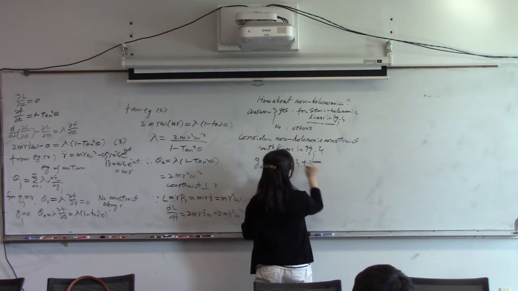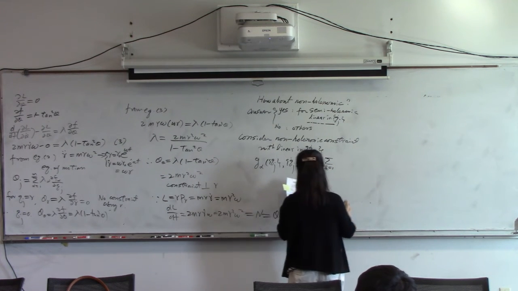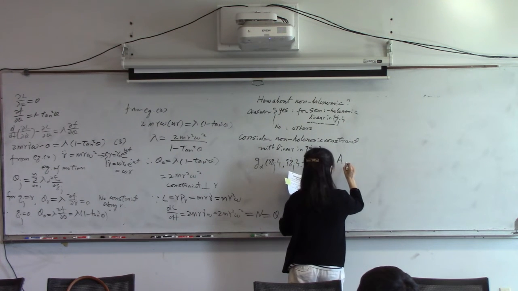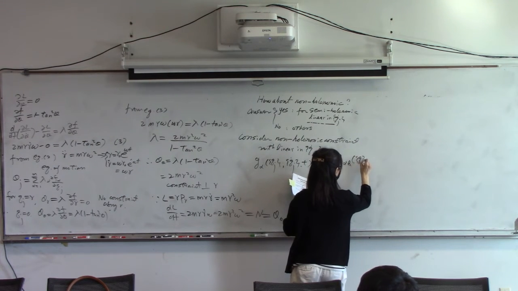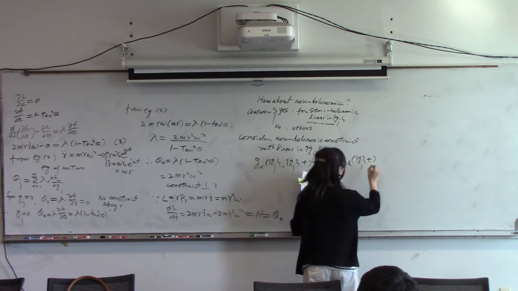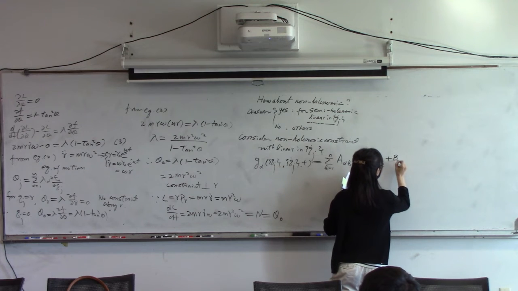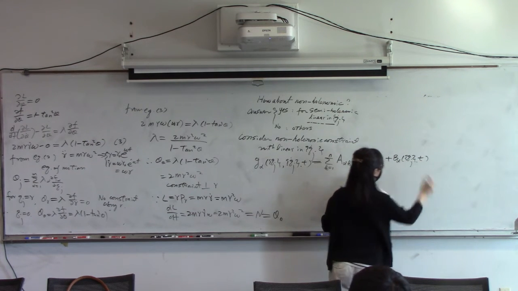Then if it is linear, it is written in this way: A alpha k, which is a function only of the generalized coordinates and time, multiplied by the generalized velocity, plus another term that is only a function of generalized coordinates and time.